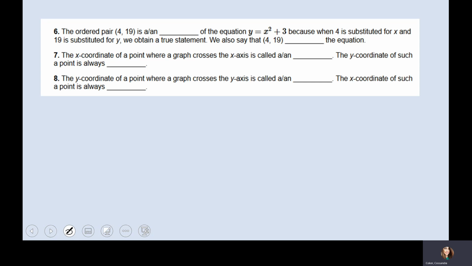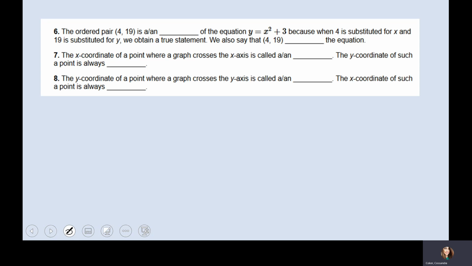The ordered pair (4, 19) is a solution to the equation because when you plug in, you get a true statement, and we've discussed that. The x-coordinate of a point where a graph crosses the x-axis is called the x-intercept, and the y-coordinate of such a point is always 0.